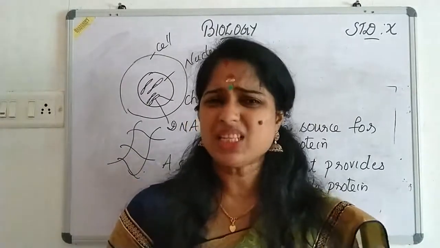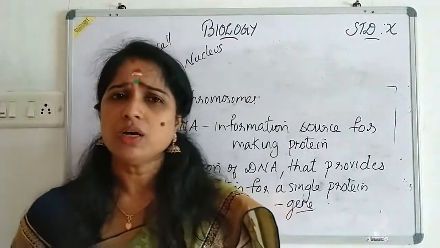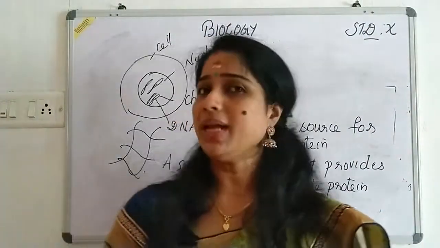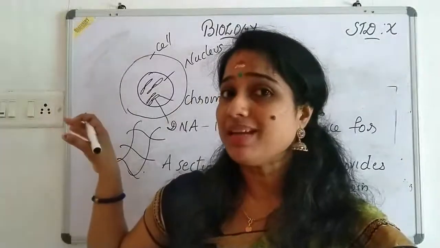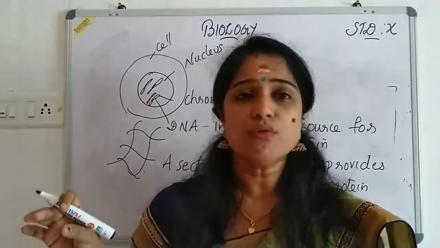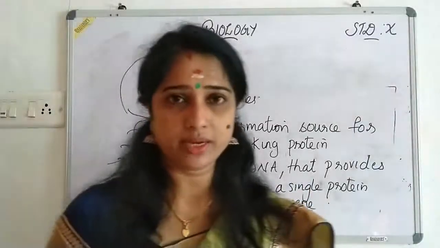If the gene is not efficient enough to produce the protein that helps in plant growth, what will happen? The plant will be dwarf. So, the gene is a section of DNA that provides information for producing a single protein.